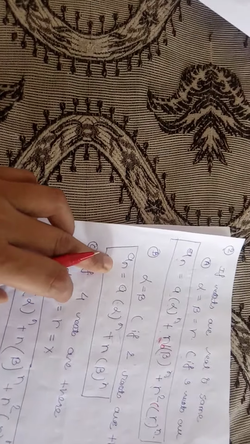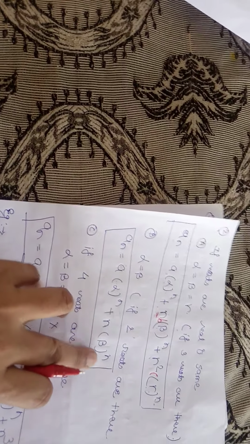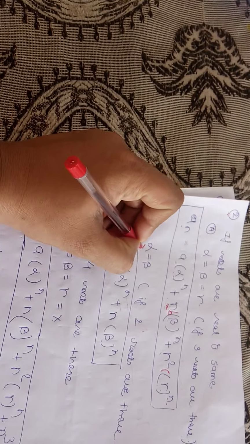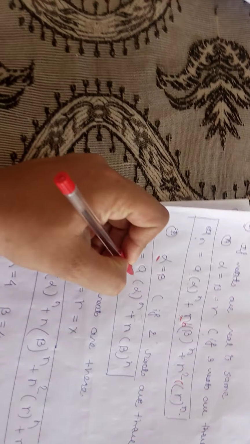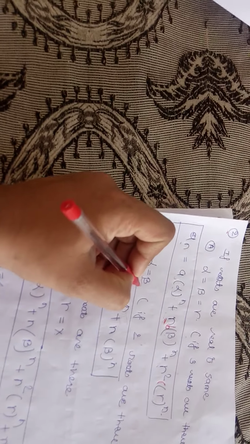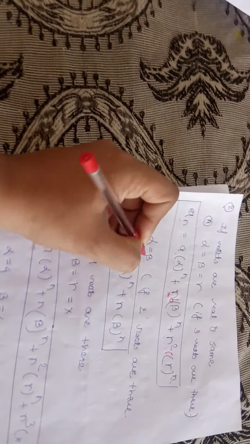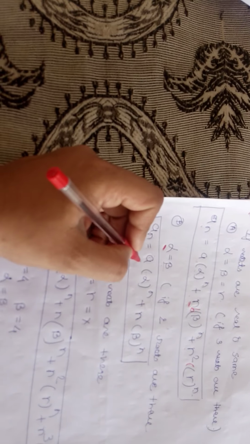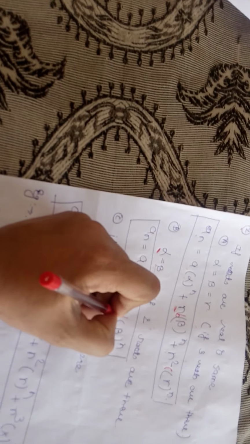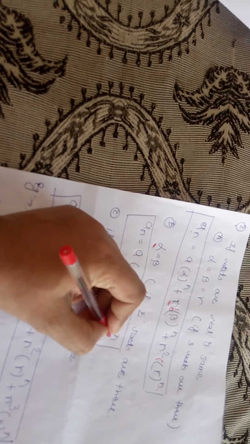A of n is equal to a into alpha to the power n plus n into b into beta to the power n. As I am repeating, alpha is my first value, that's why I am not taking n as a multiplication here. From the second value I am taking n as the multiplication factor.